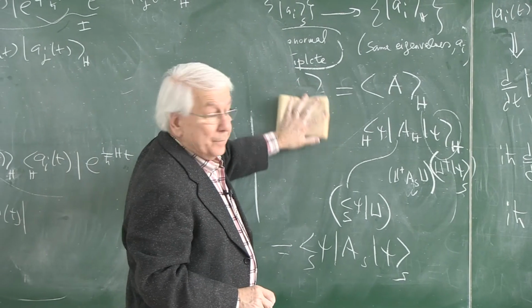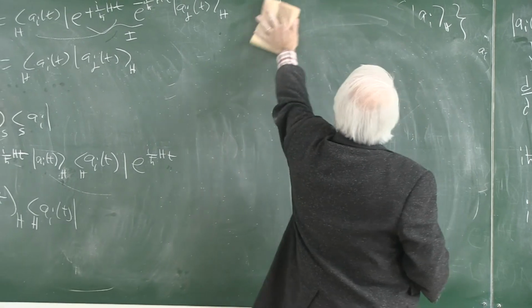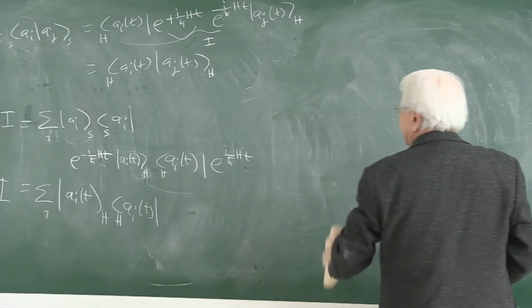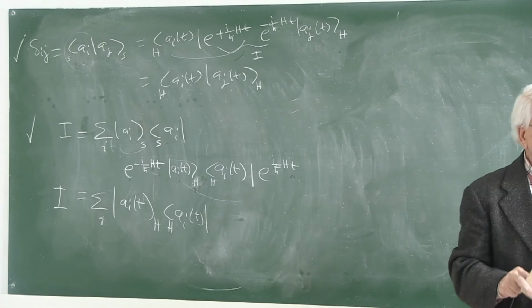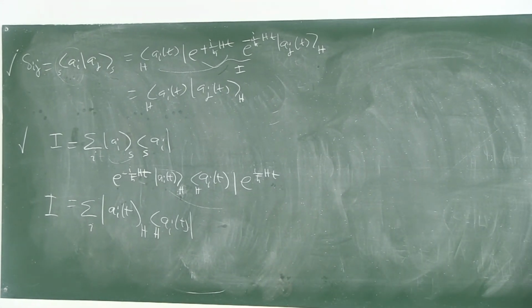Thus, the lesson is this transformation from Schrödinger to Heisenberg retains the orthonormality and the completeness, and these can still be used as a basis.